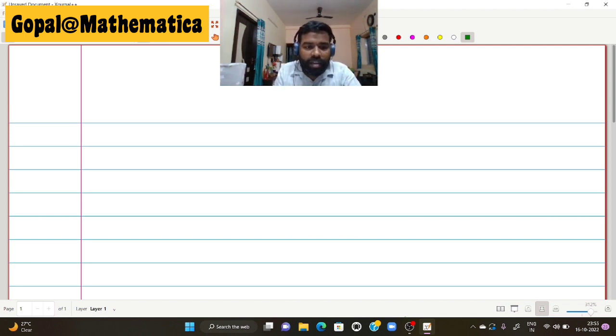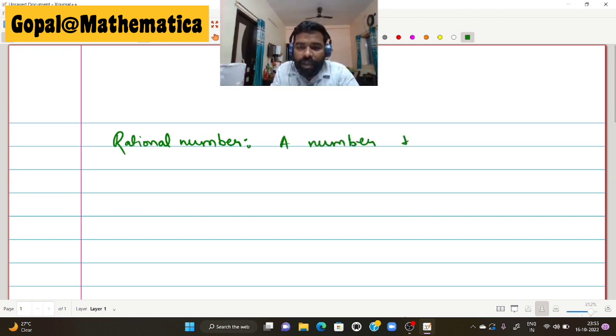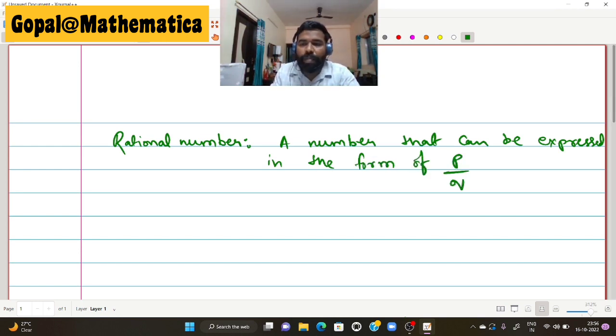Okay, so the first thing is, what is a rational number? A rational number is a number that can be expressed in the form of p by q, where p and q are integers.